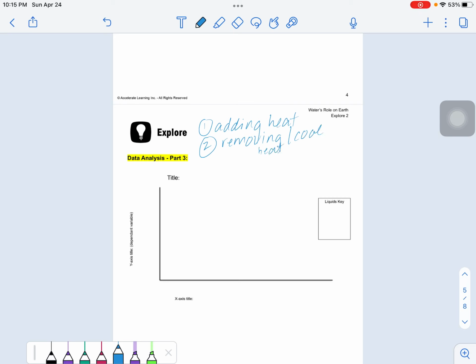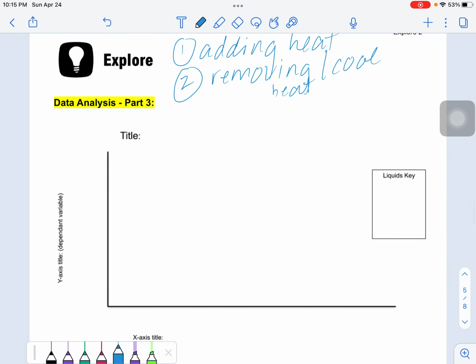So knowing you've got a graph for each one, again, they look identical, you are going to come up with a liquids key. So you'll have 3 different colors that you're using in your activity. Doesn't matter the colors to me, but you'll have 1 to represent the water, 1 to represent the corn oil, and 1 to represent the isopropyl alcohol.